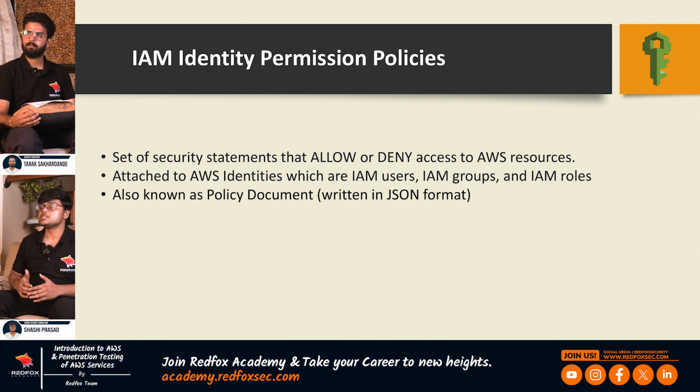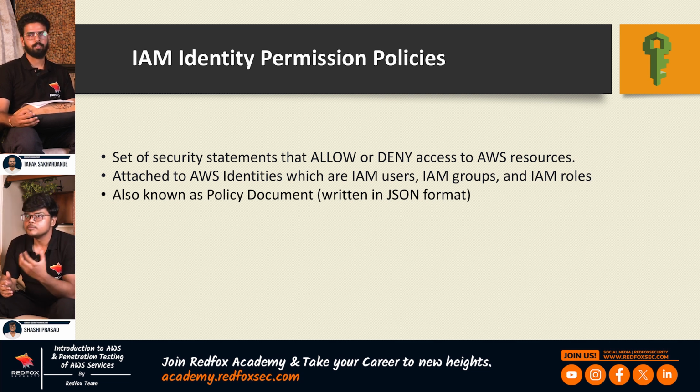So what is this permission policy, and how can we read it? A permission policy is a set of security statements that allow or deny access to AWS resources, and we can attach these permission policies to AWS identities, which are your users, groups, and roles.